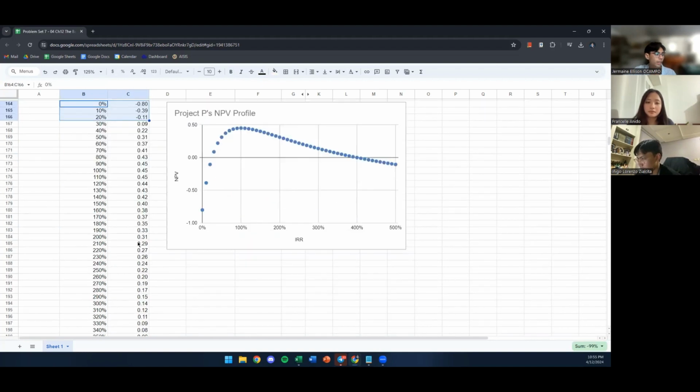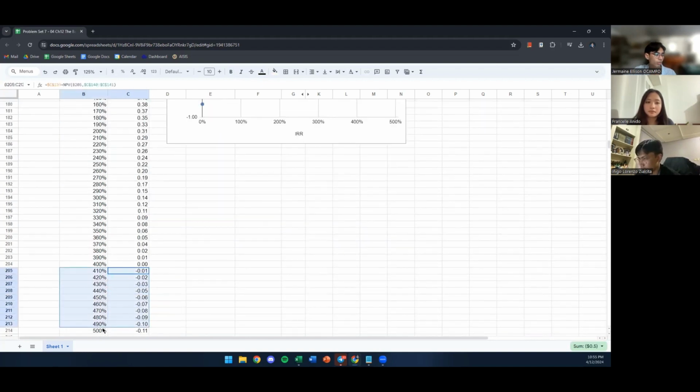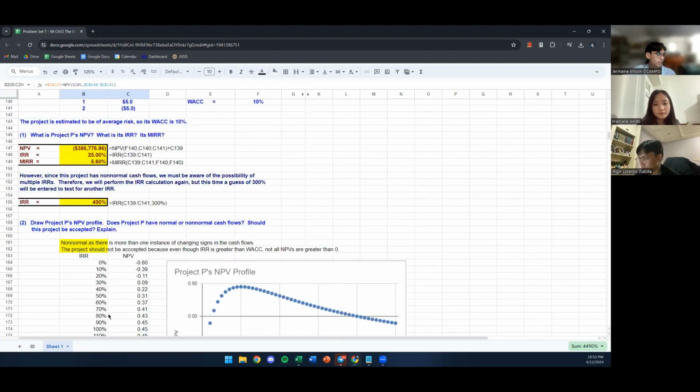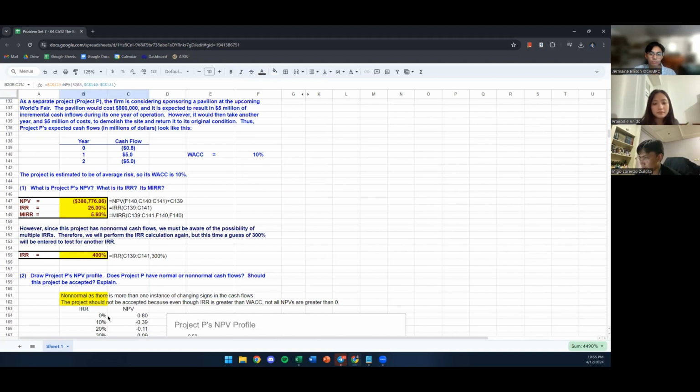And again, it became negative as well from 410% to 500%. Generally, we accept projects that have an IRR greater than its WACC. In this case, we computed 25% and 400% with a guess. But since the NPVs at some of the IRRs are negative, it would be wiser not to accept the project because of the risks involved.